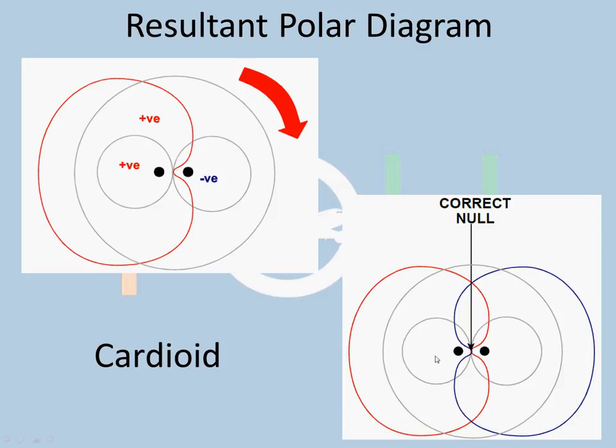So what is done is the loop aerial is rotated clockwise, as you can see, and the cardioid polar diagram rotates with it. This produces an increase in signal strength of the cardioid, which gives you a right-hand cardioid as well. This improves the sharpness of the null and gives you a much more accurate bearing.